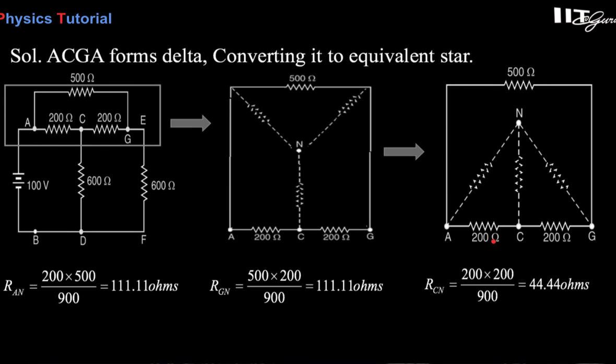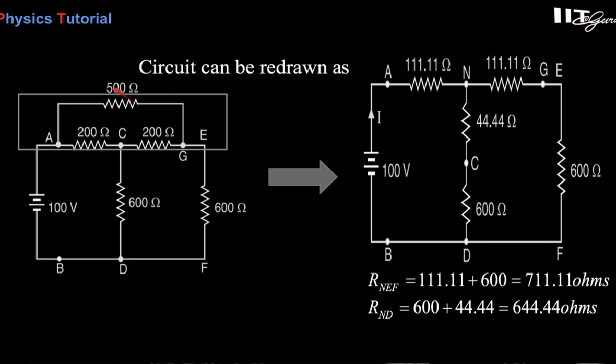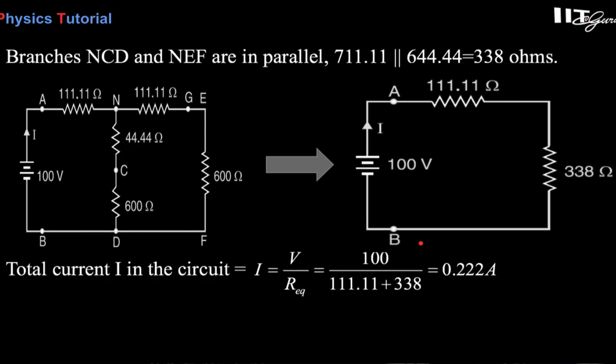Now if you see this, the circuit can be redrawn this way. Okay, 500, 200 and like this, and these branches are in series, with 600. Now finally what we conclude here is that branches NCD and NEF are in parallel.